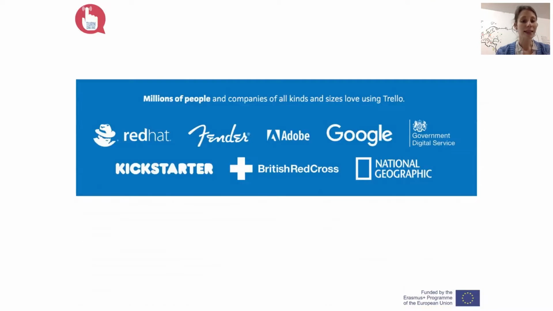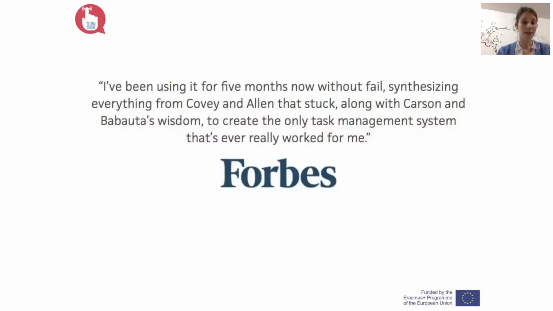You can see on the screen that there are a lot of big companies that use Trello. Just as an example: Google, Adobe, Red Hat, British Red Cross, and National Geographic, which I think is the most famous one in this list. On the Trello web page, which I hope you already visited in order to subscribe to the platform, there are a lot of opinions about it, and I really like this one.